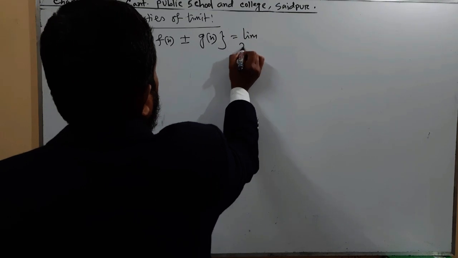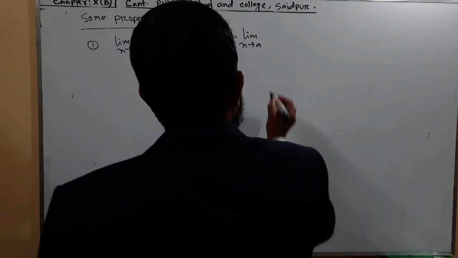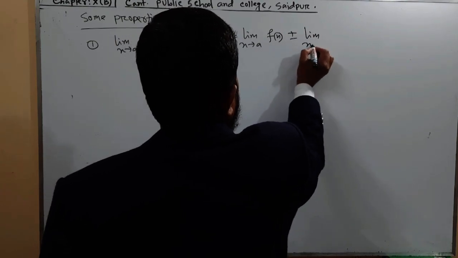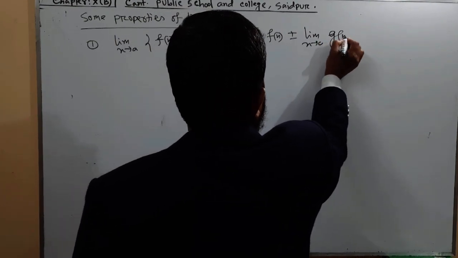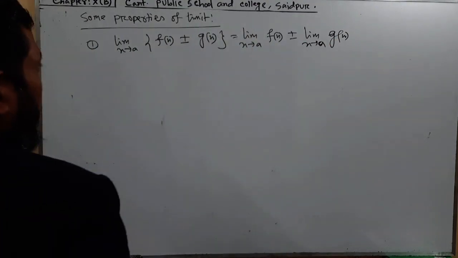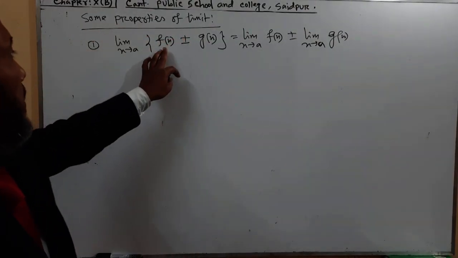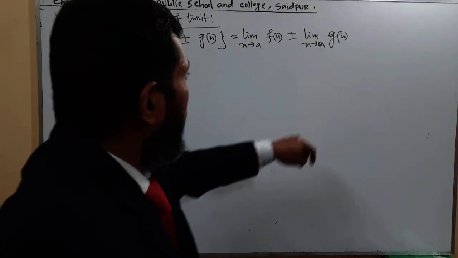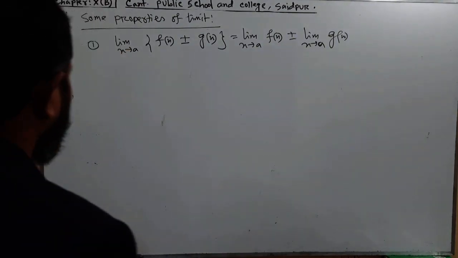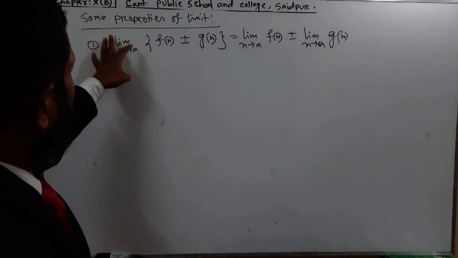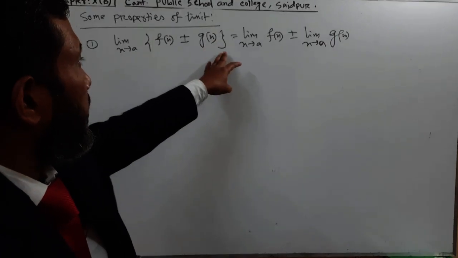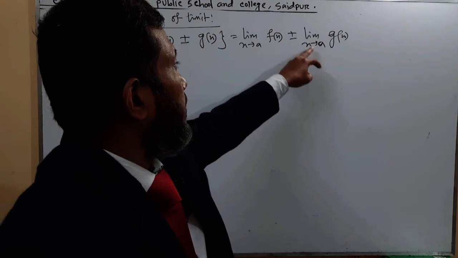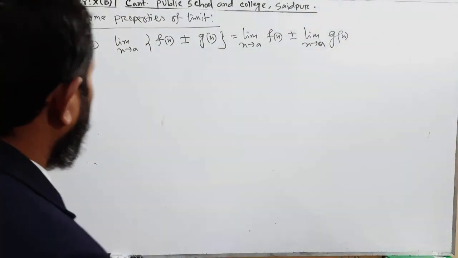We can write limit x tends to a f of x plus or minus limit x tends to a g of x. For f of x plus g of x, we will write limit x tends to a f of x plus limit x tends to a g of x, or minus, that is limit x tends to a f of x minus g of x, we can write limit x tends to a f of x minus limit x tends to a g of x.